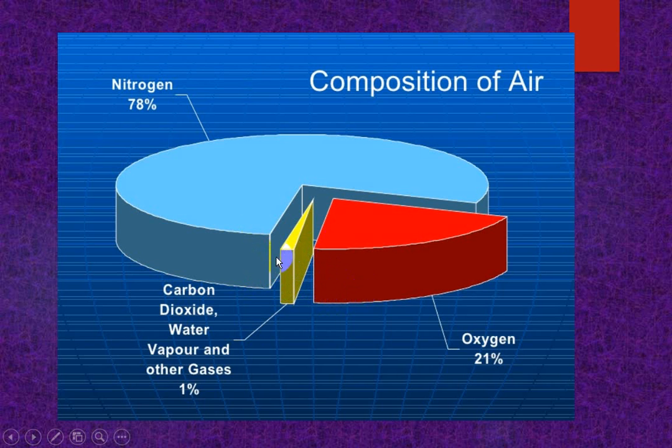This is a pie chart. The total is 100%, and in a pie chart the total is 360 degrees. 78% of air is nitrogen.